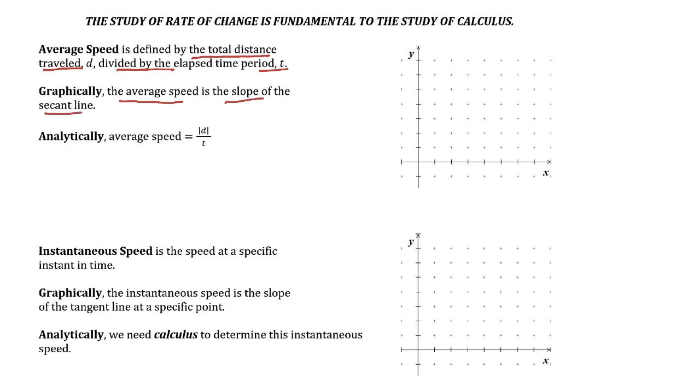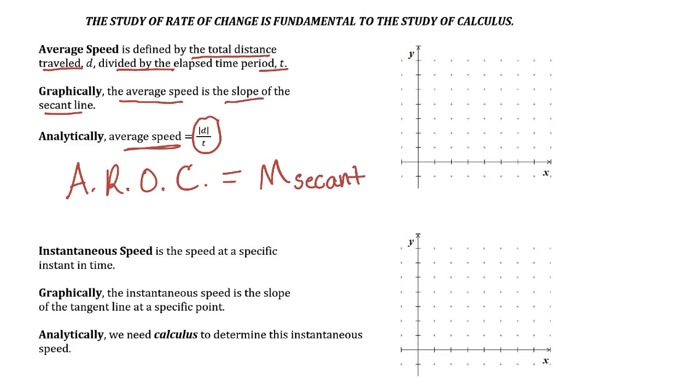So again, here, notice that it's talking about a change in distance over a change in time. When we're looking at our average speed, or an average rate of change, we'll call it AROC, that's really talking about the slope of our secant line.